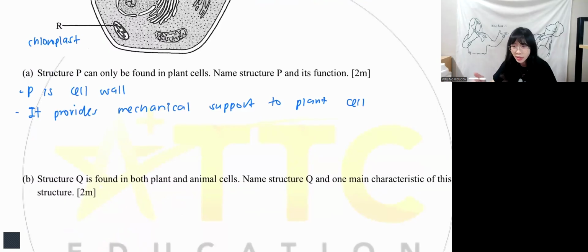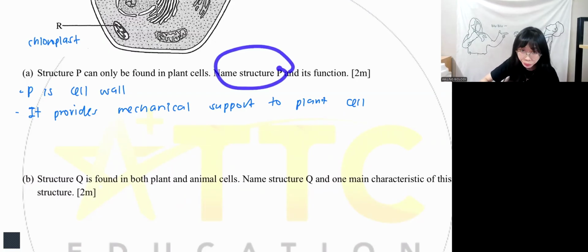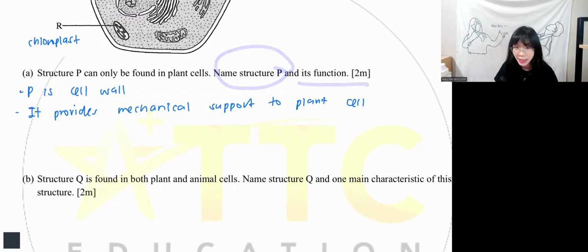Can I not write that P is a cell wall, and just write maintain the shape of a cell? Actually, I would not suggest that, because your answer, most of the time, has to be a complete short sentence. You cannot just dash cell wall. I can only dash cell wall when they ask you to name without writing the function. So if they ask you to name P, then you can write dash cell wall.